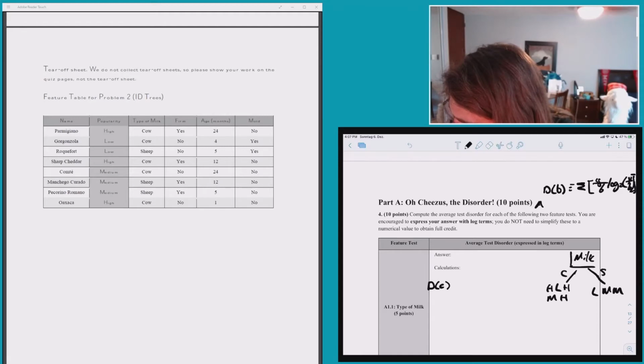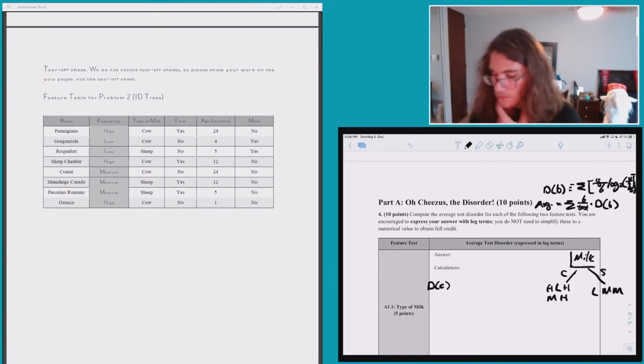So the average test disorder then is going to be, for all the branches, the number of points in the branch over the number of points in the test times the disorder of that branch.